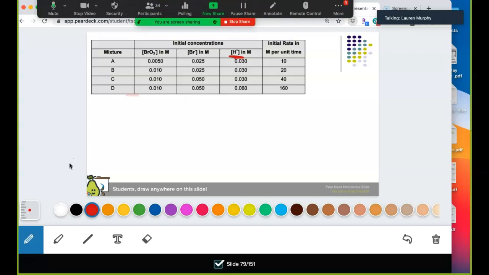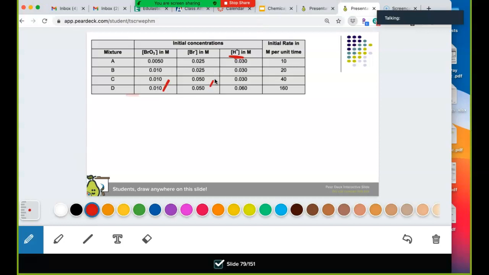There's actually really only one option. Bromide stays the same between C and D, so does bromate, whereas hydrogen is changing. Again, who goes on the top? Well, this number is bigger than this number, so I'm going to put D on the top. You also could have said this number is bigger than this number, so D on the top. So rate of D compared to the rate of C.